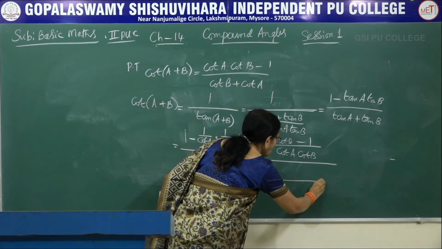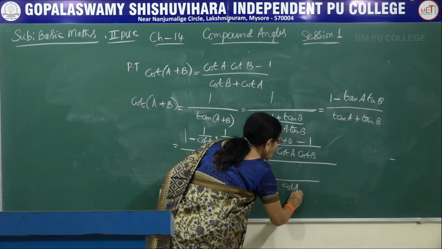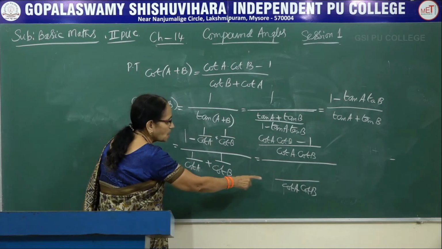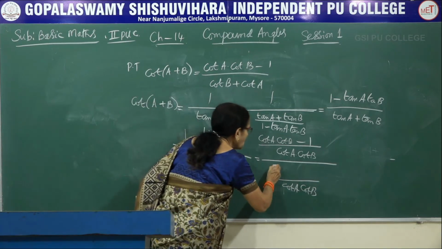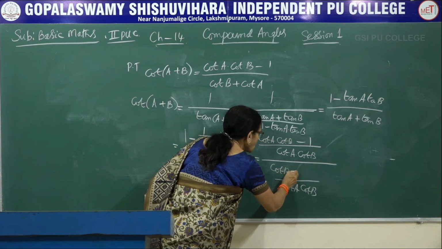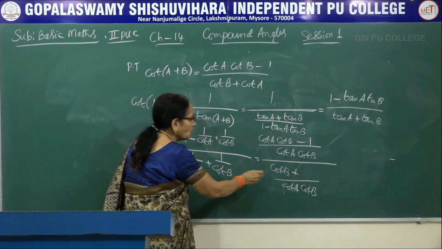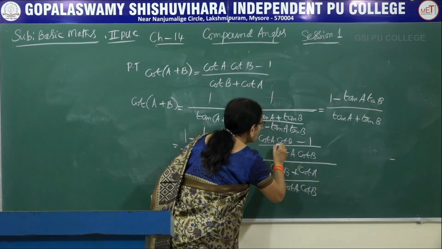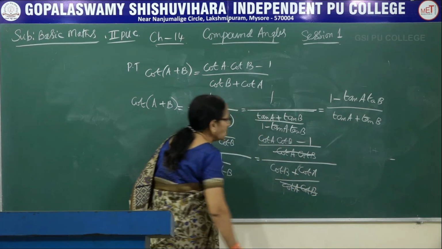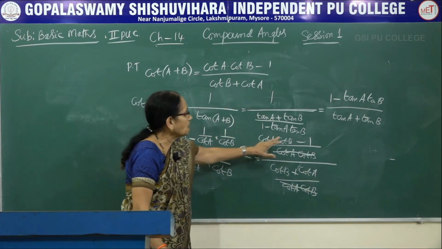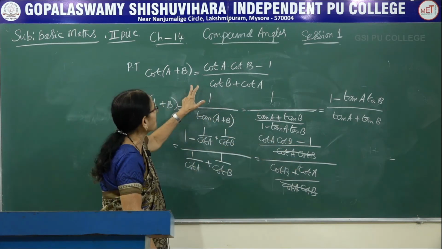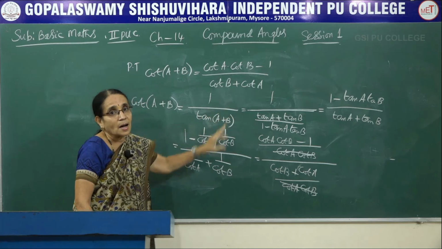In the denominator again, the LCM is cot A into cot B. Now cot A is cancelled, cot B into 1 becomes cot B. Now cot B is cancelled, 1 into cot A becomes cot A. So on cancellation, what is remaining now? Cot A cot B minus 1 divided by cot B plus cot A. That was the formula I had given you.